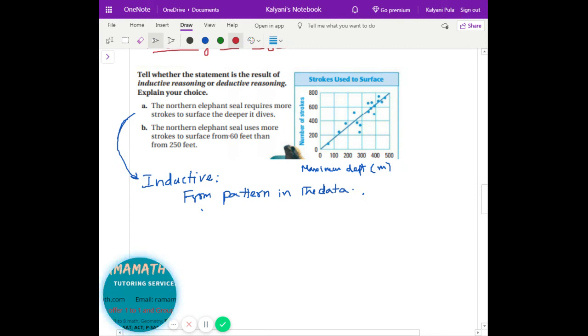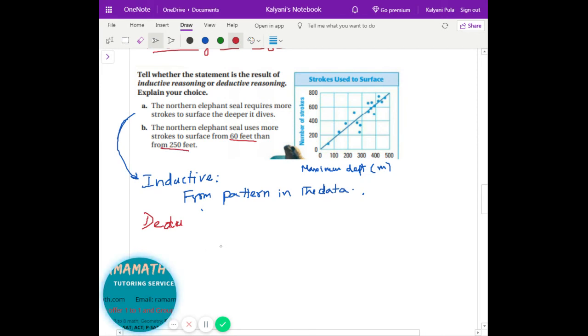And the second one: the northern elephant seal uses more strokes to surface from 60 feet than from 250 feet. Here, this is deductive reasoning, because you're comparing just two values, 60 feet and 250 feet.